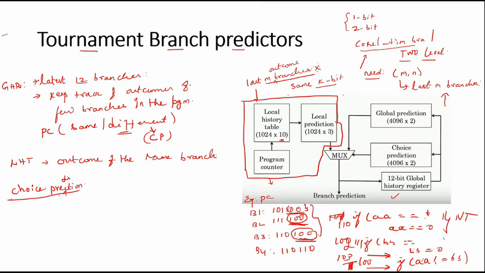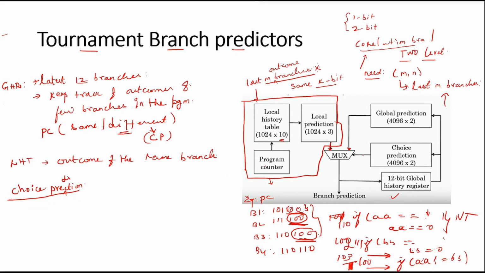When you look at the architecture of the tournament branch predictor, the local history table is giving an output, and the global prediction is also giving an output. Now we have a mux. You know the operation of the mux.